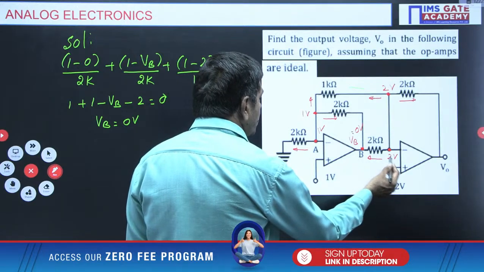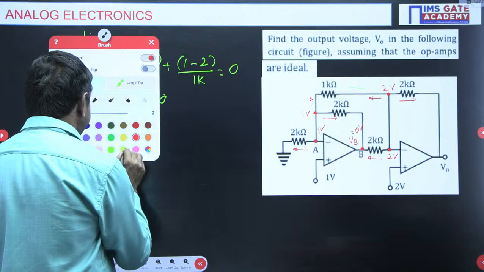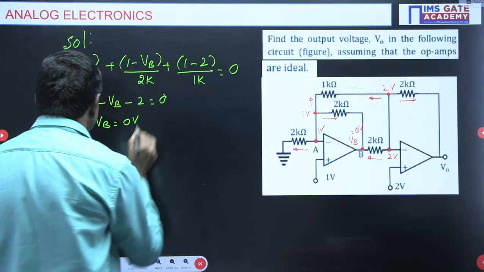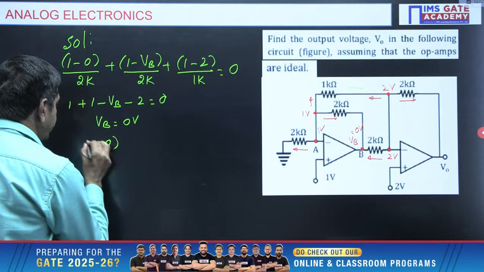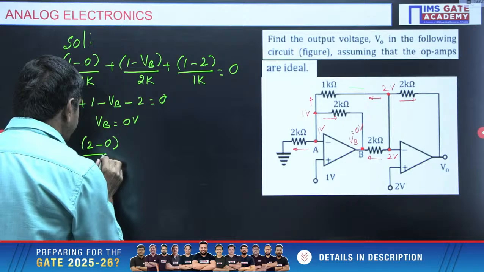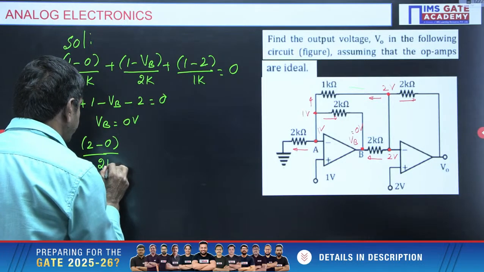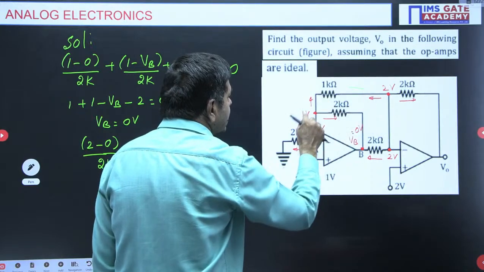Any current you get: 2 minus 0 by 2k, plus this current 2 minus 1 by 1k.